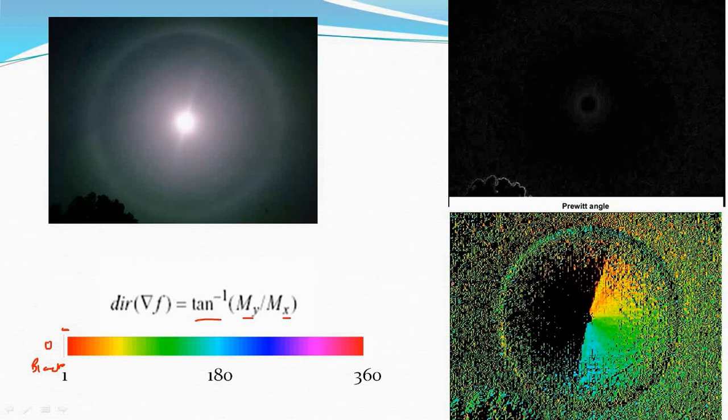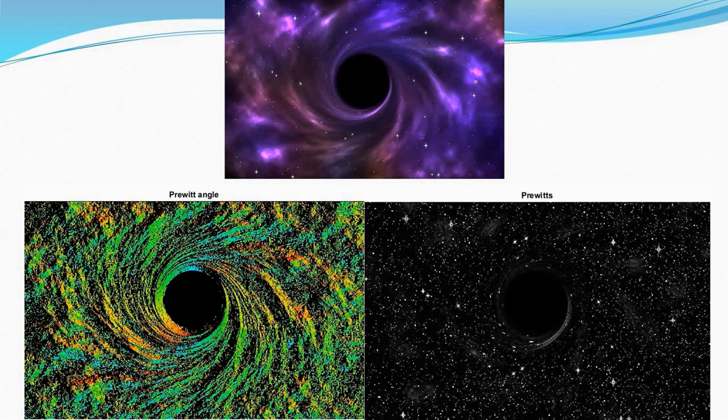Also here you can see this is a very nice artist's impression of a black hole. When I take the magnitude of this image, you can see that these twirls and this particular texture are lost. I can see the stars and all those things very clearly.